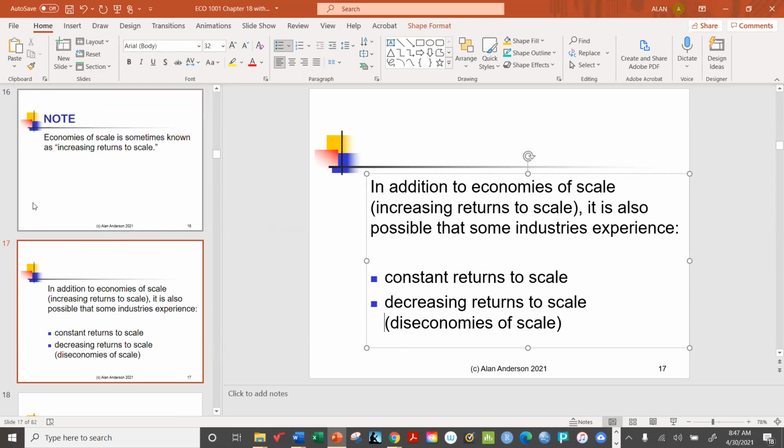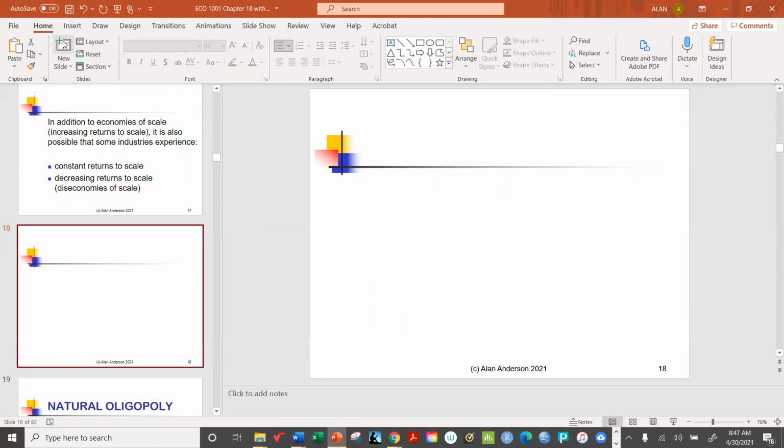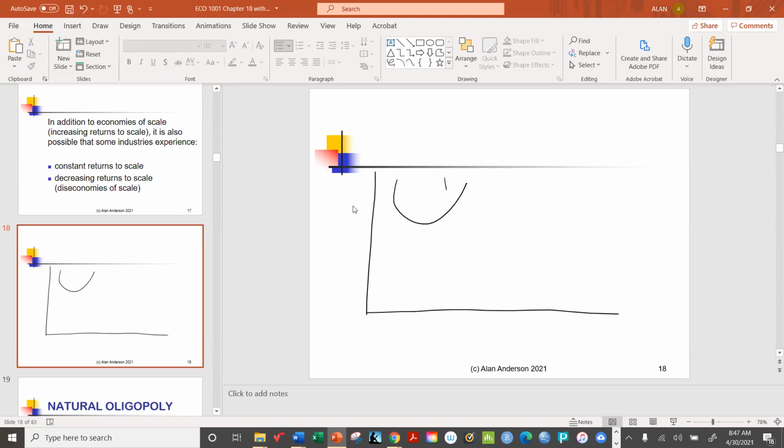All right, let me show you a picture of what each of these looks like, and then we can go on from there. So constant returns to scale is pretty much what you would expect it to look like. You've got, let's say, three potential average total cost curves to choose from.